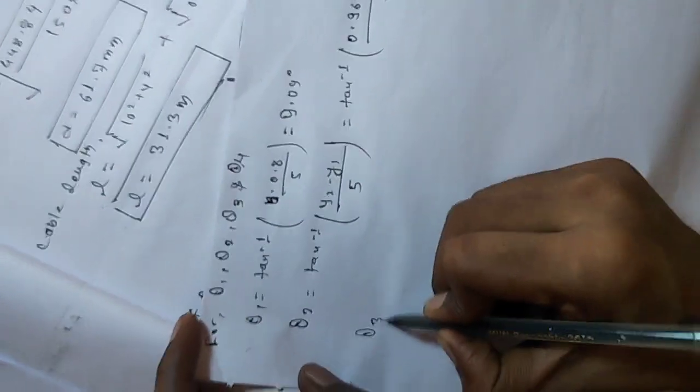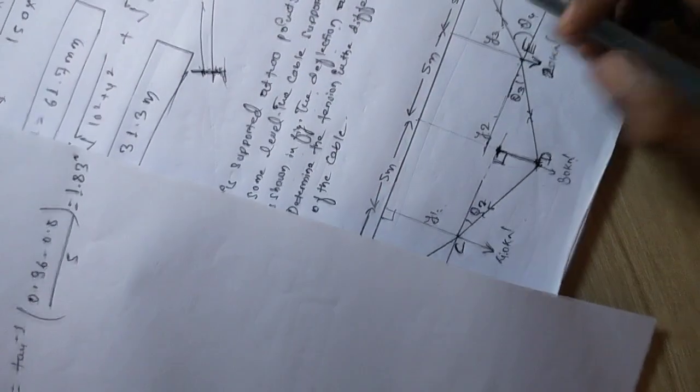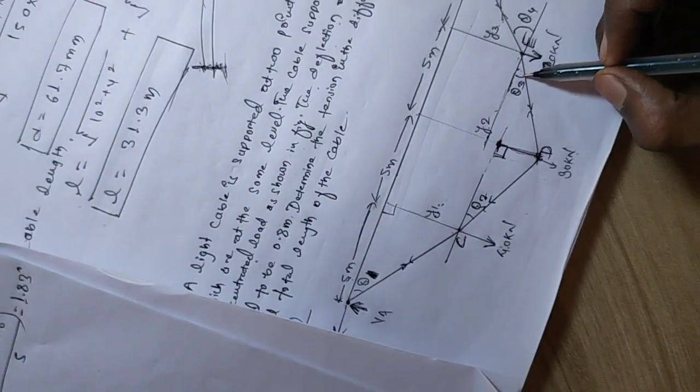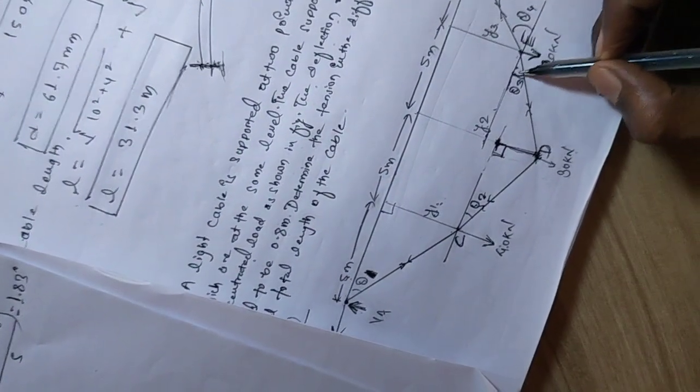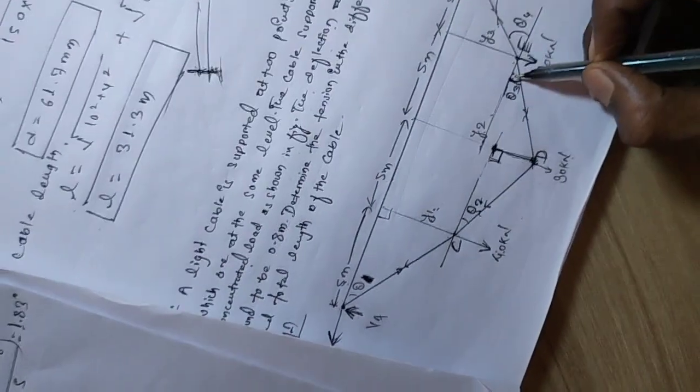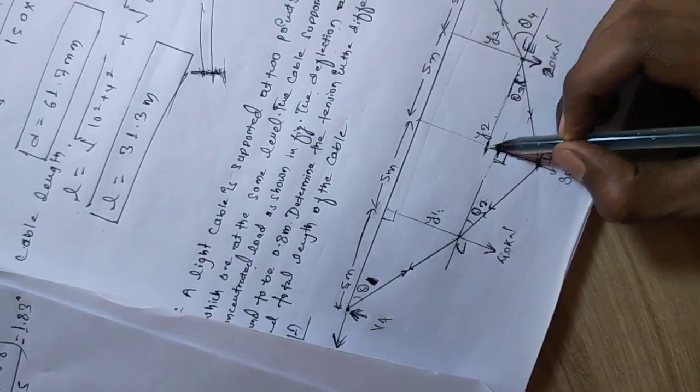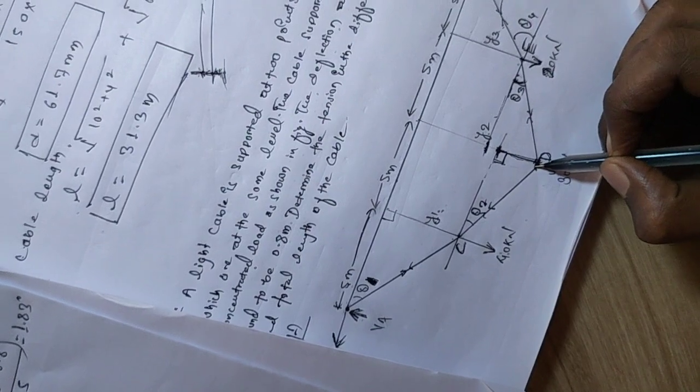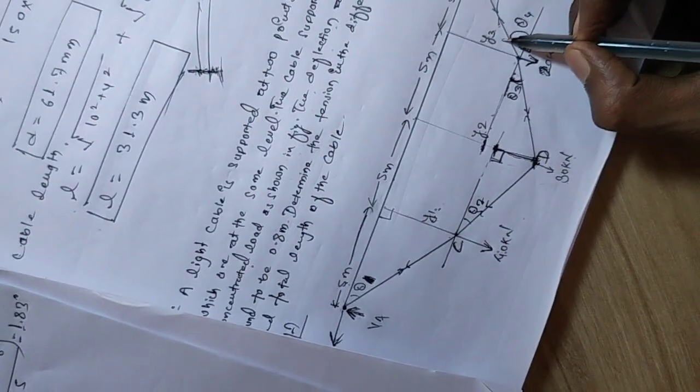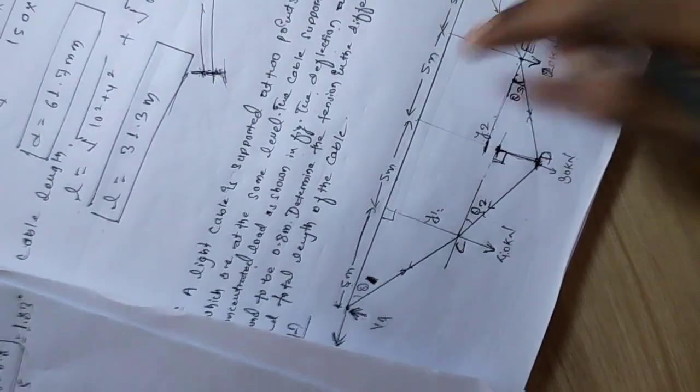Similarly for theta 3, let's see here on the figure, on analyzing the figure we can solve this. Theta 3 is this angle, so for this angle we have to take the distance of this, we have to subtract y2 minus y3, then divide by 5.